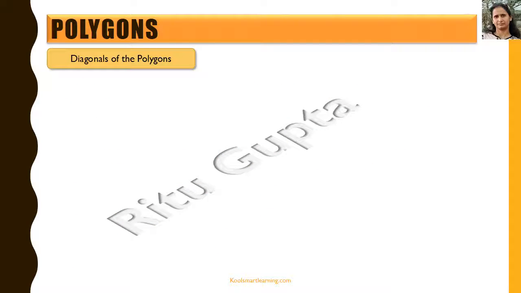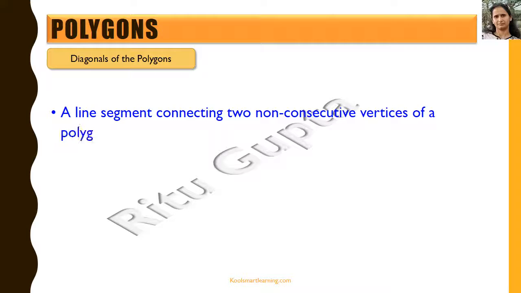So friends, let's now understand what the diagonals of polygons are. A line segment connecting two non-consecutive vertices of a polygon is called a diagonal. Say for example, we draw any 4-sided figure.